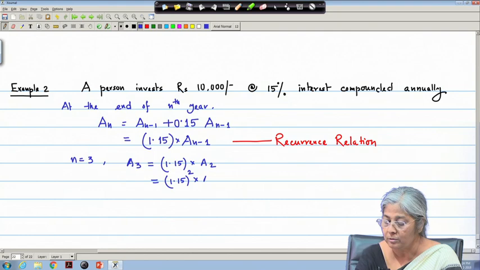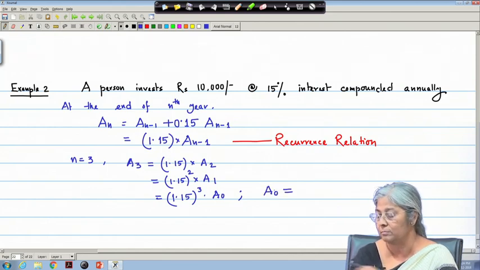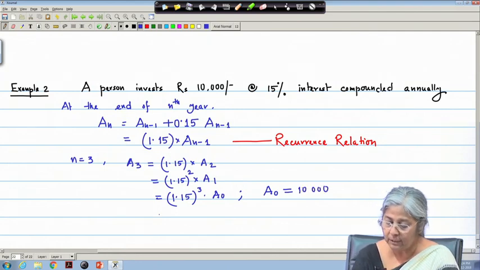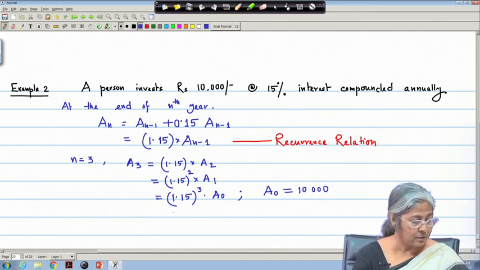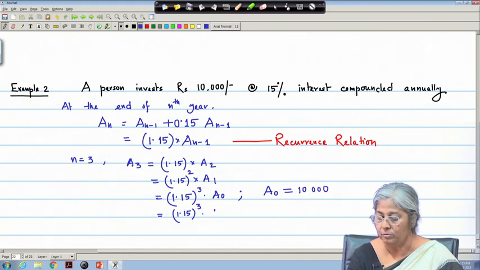So, this is 1.15 cube into A0. Now, what is my A0? At the beginning 10,000 was invested, so it is 10,000. So, A3 is 1.15 cube into 10,000.